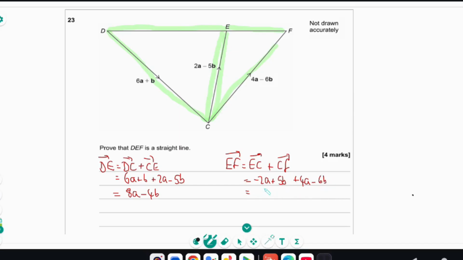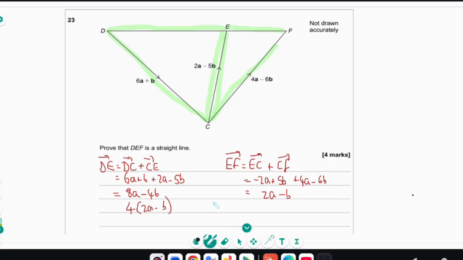Simplifies to 2A minus B. So we want to show that these vectors are parallel. I'm going to factorise this one on the left hand side by taking 4 out. If I divide both of these by 4, we get 2A minus B. Now, as you can see, DE is parallel to EF because DE is a multiple of EF.